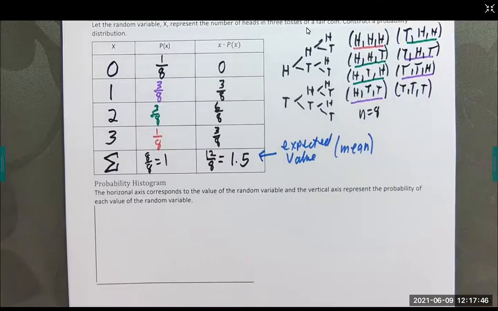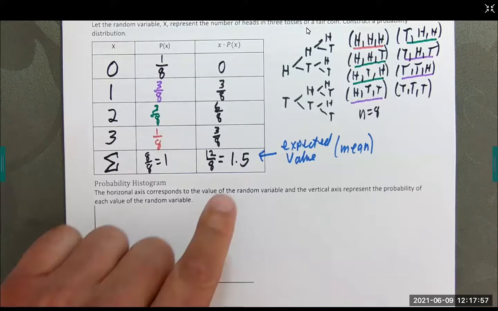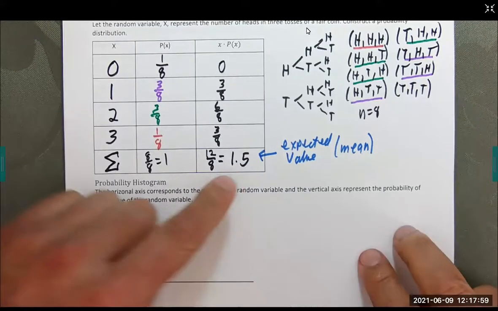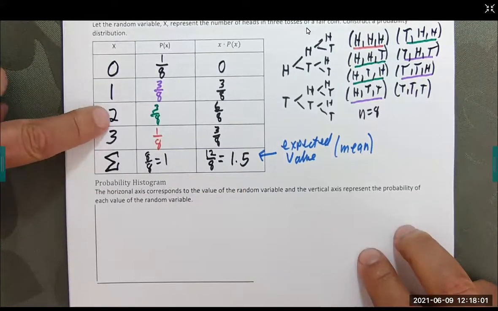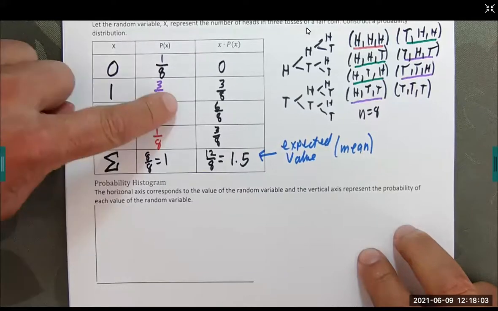And what we mean by expected value is if I were to do this 3 coin toss over and over and over again, my average number of heads would be about 1.5. And that makes sense. It's right in between these two, which have the highest probability.